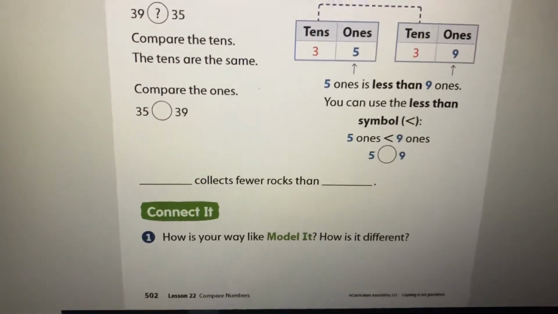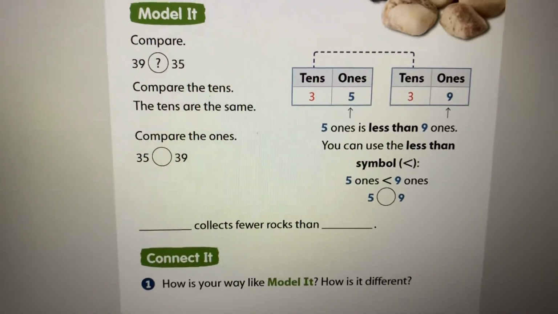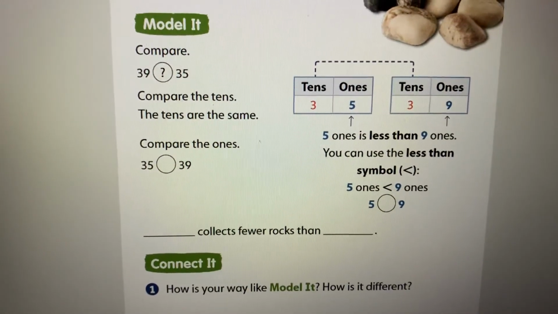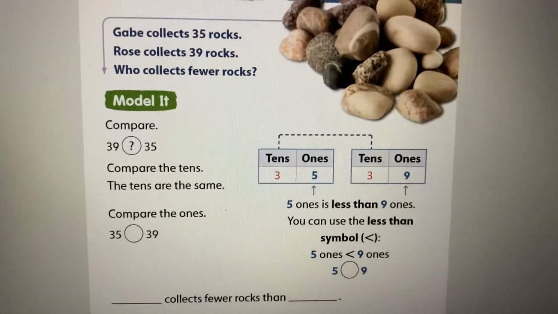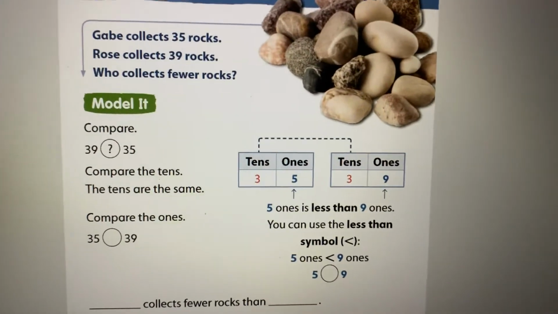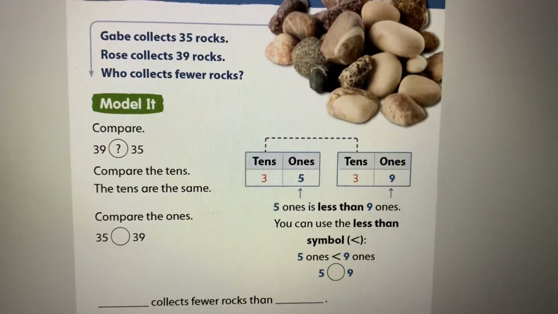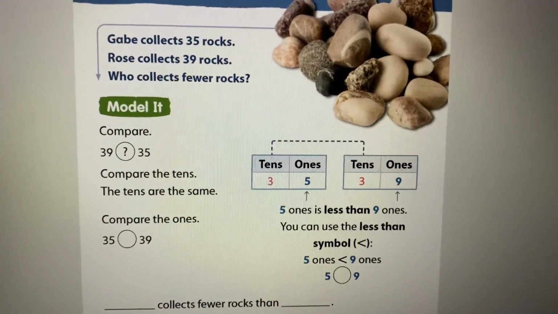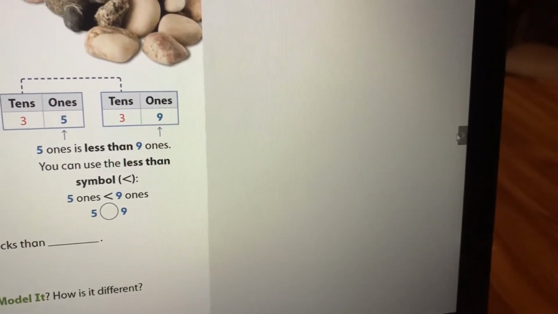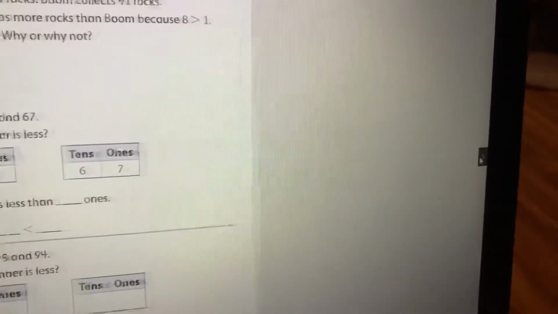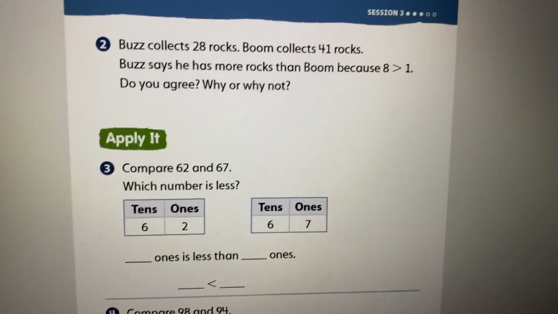So on the bottom it says blank collects fewer rocks than, so who collected fewer rocks? Right, Gabe. Gabe collects fewer rocks than Rose. Okay, doing great so far. Here we go.